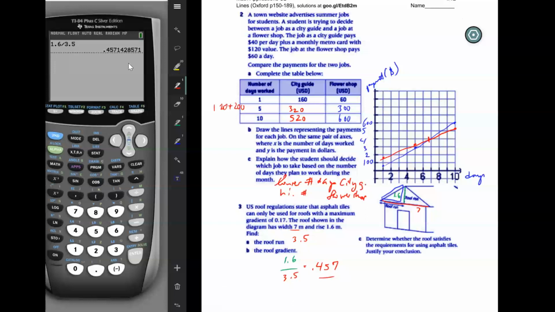And then it says determine whether the roof satisfies the requirement. Does not. And then justify your conclusion, because the slope is 0.457, which is greater than 0.17. Okay? All right, that's it for this page.